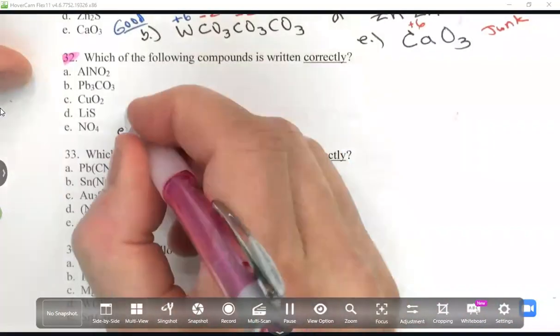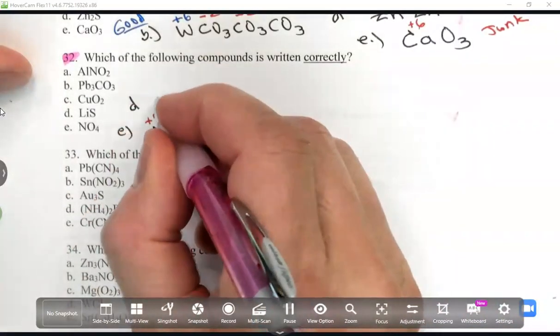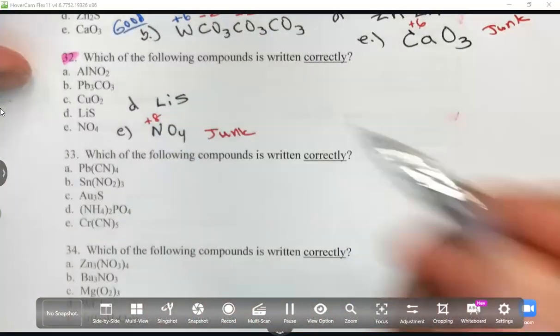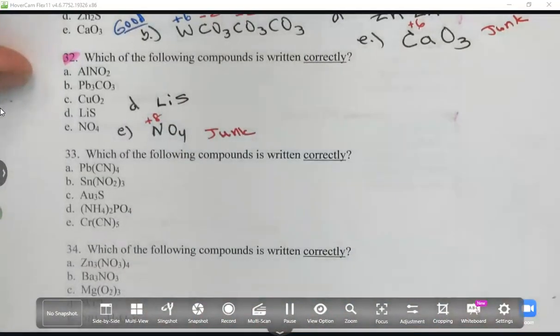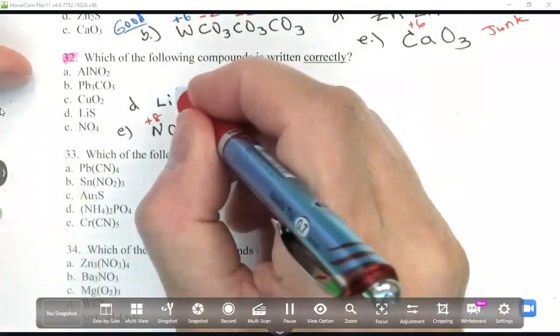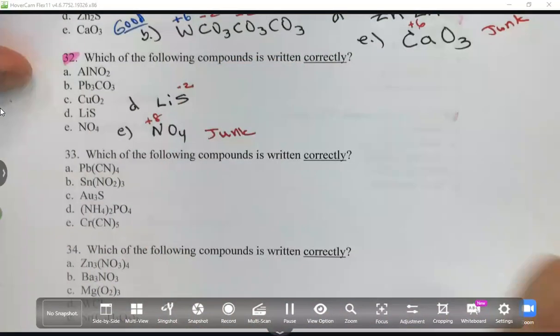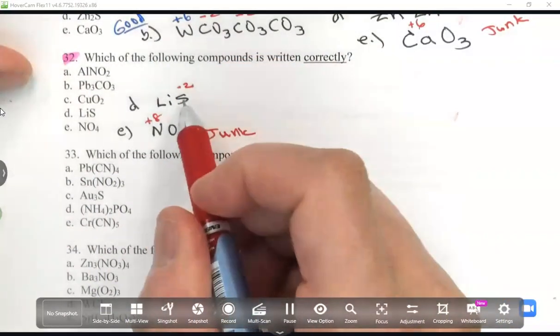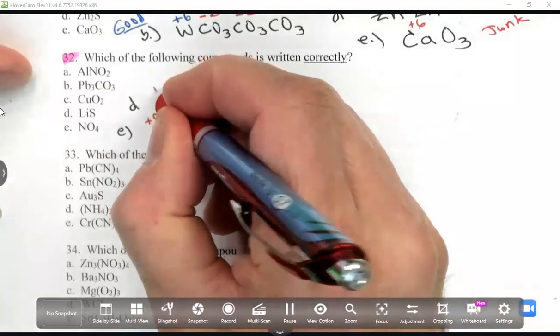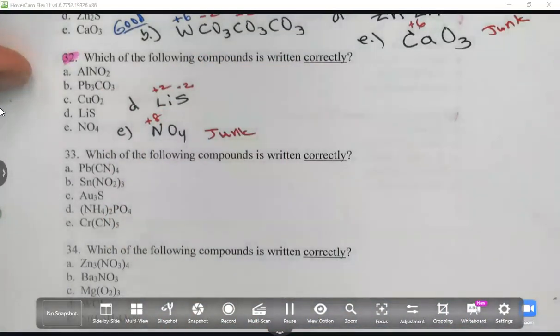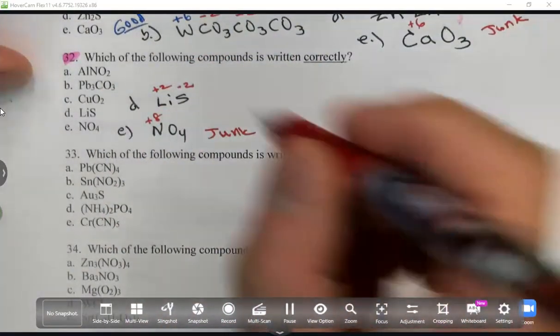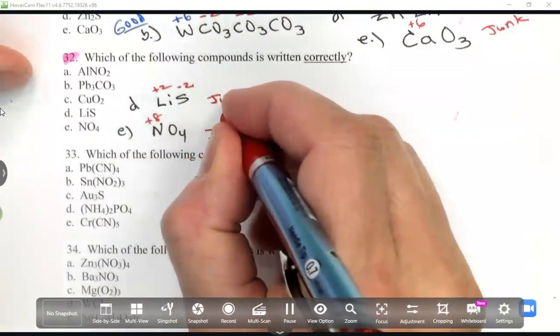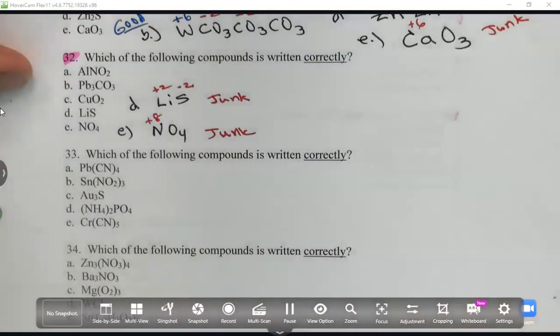In letter D, we're looking at lithium sulfide. Sulfide is -2. The only negative charge sulfide can be is -2. That would leave me with a lithium +2. And that doesn't work because lithium is always +1.